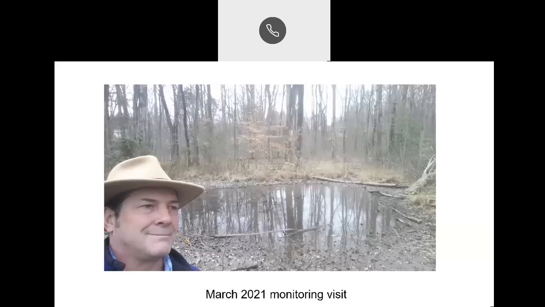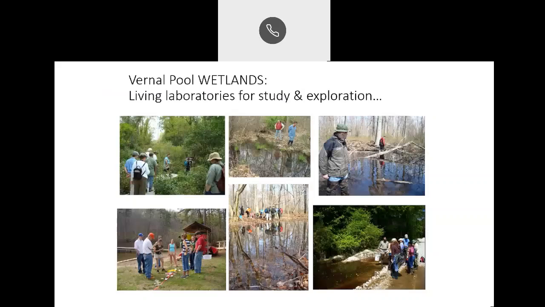So monitoring a created wetland is the way we determine if it is meeting the objectives that were set forth. And monitoring is particularly important now in the face of climate change to understand what the future of these habitats may be.